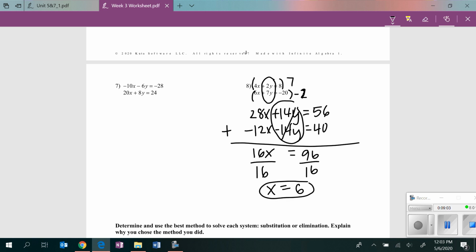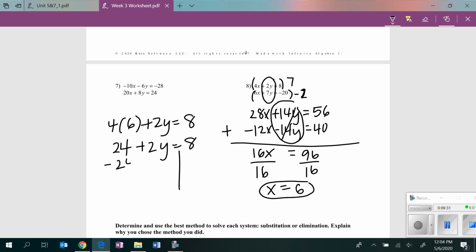Okay. Now I just take this x equals 6 and plug it into whichever equation I want. In this case, I want to use my first equation because the number that's attached to x is smaller than the second equation. So 4 times 6 plus 2y equals 8. I've got 4 times 6 is 24 plus 2y equals 8.